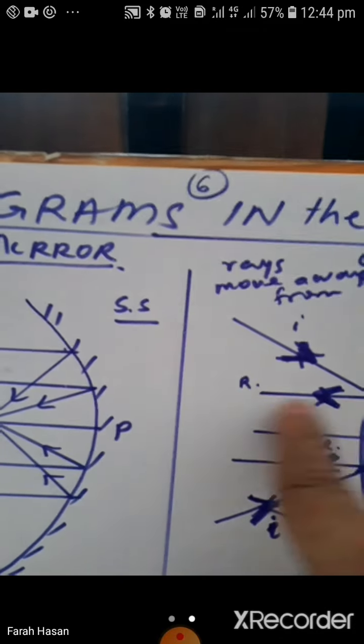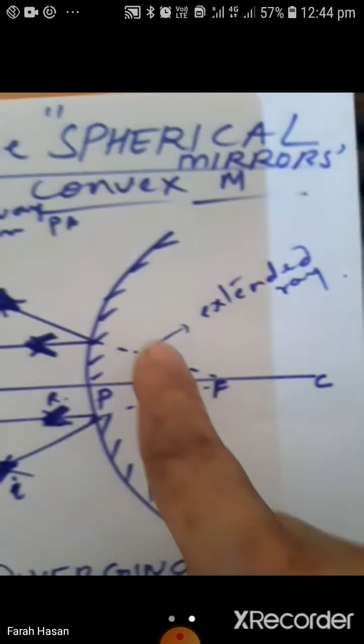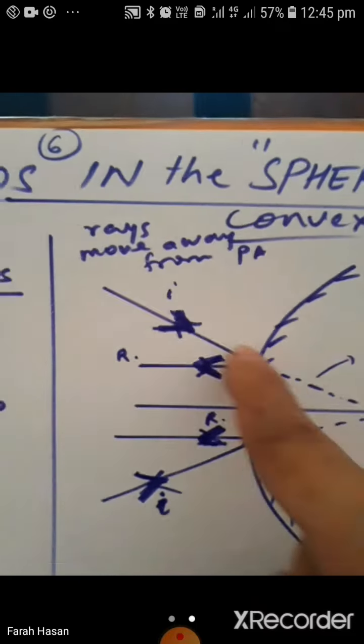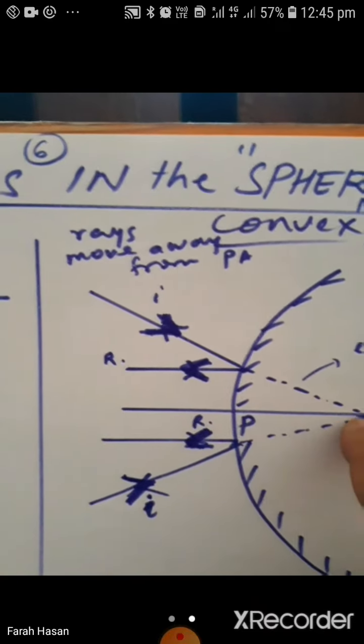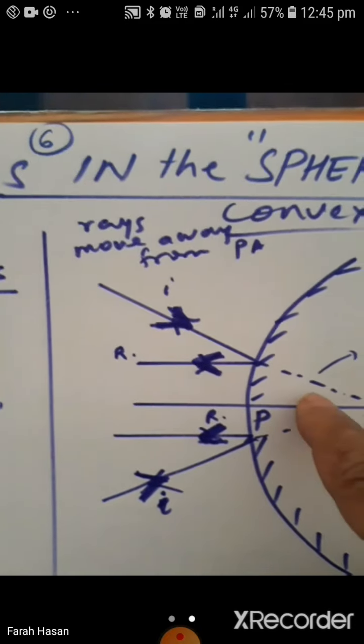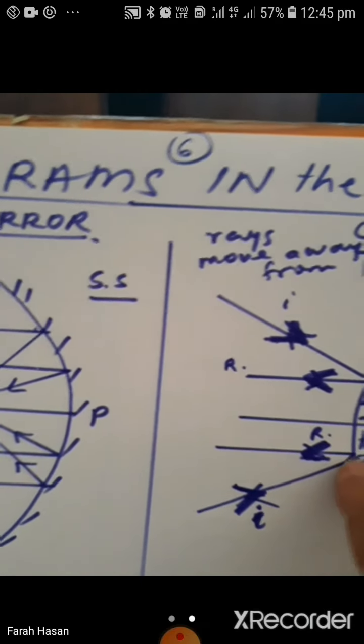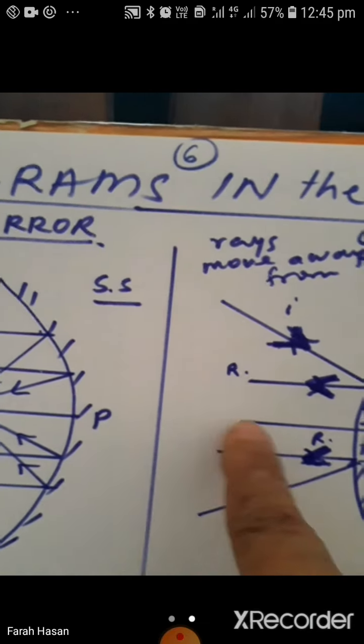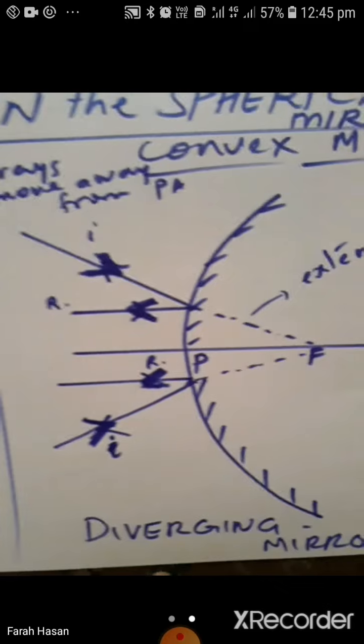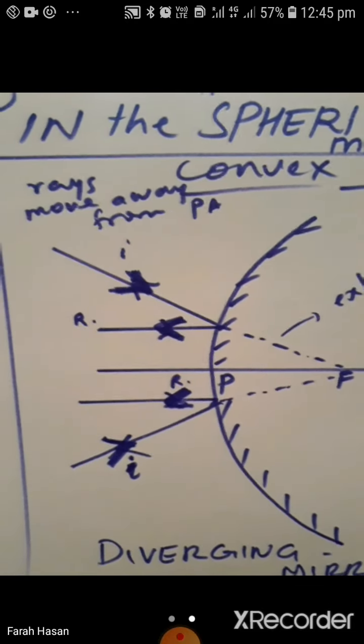Can you see here the reflected ray is parallel, and these are the extended rays which fall on the point F. Similarly, this incident ray is not parallel to the principal axis, but after getting reflected, it is parallel to the principal axis. So this is how the convex mirror works, and it is known as the diverging mirror.